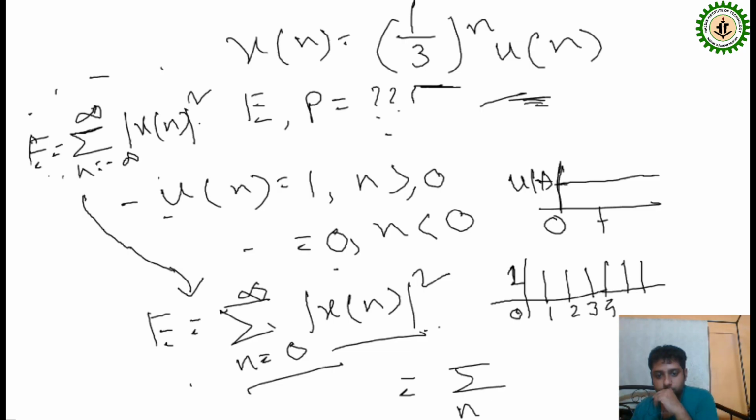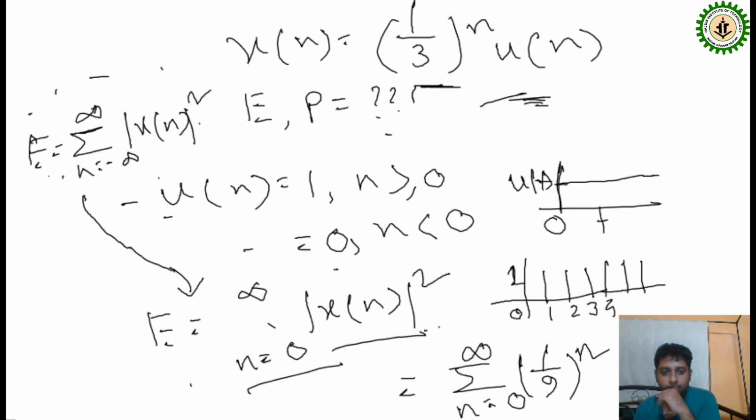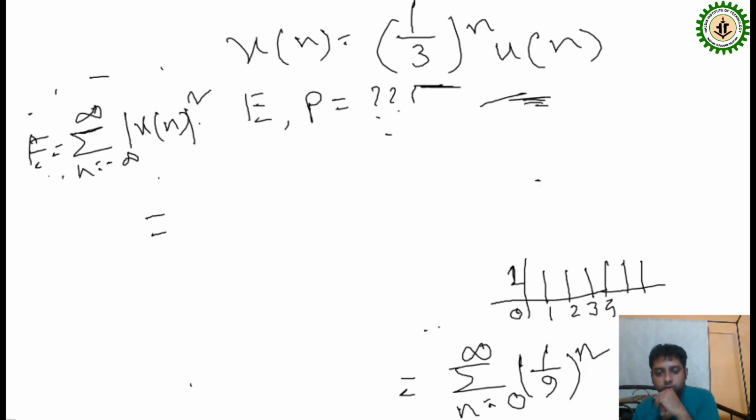Now if we write this, then we will get the summation n equals 0 to infinity of 1/9^n. Okay, because (1/3)^(2n), after simplification, we will get (1/9)^n. Now if we solve it, from there we can write this is an infinite GP series.